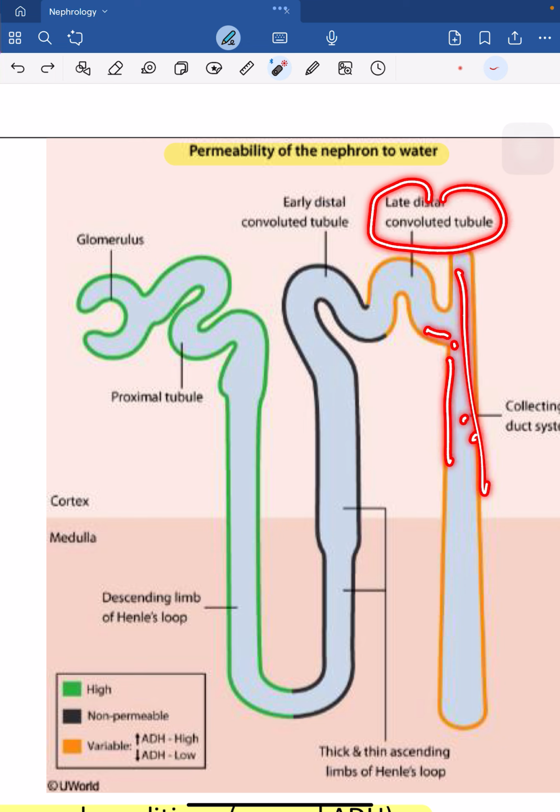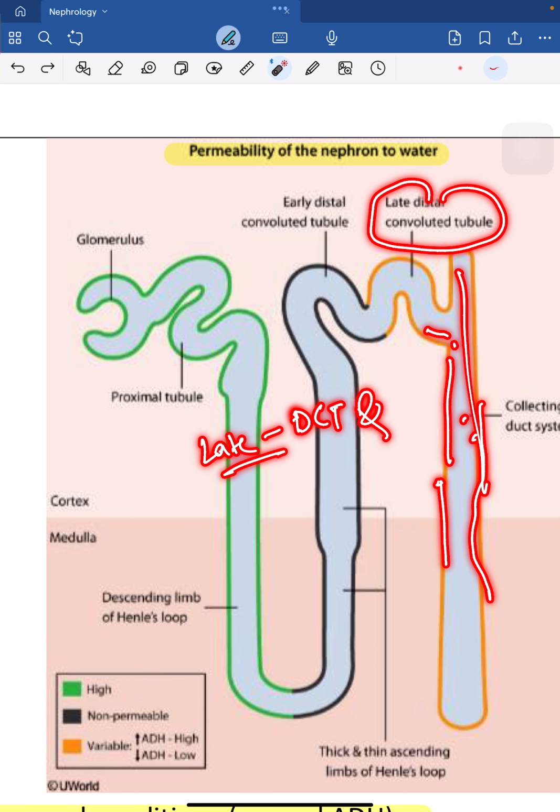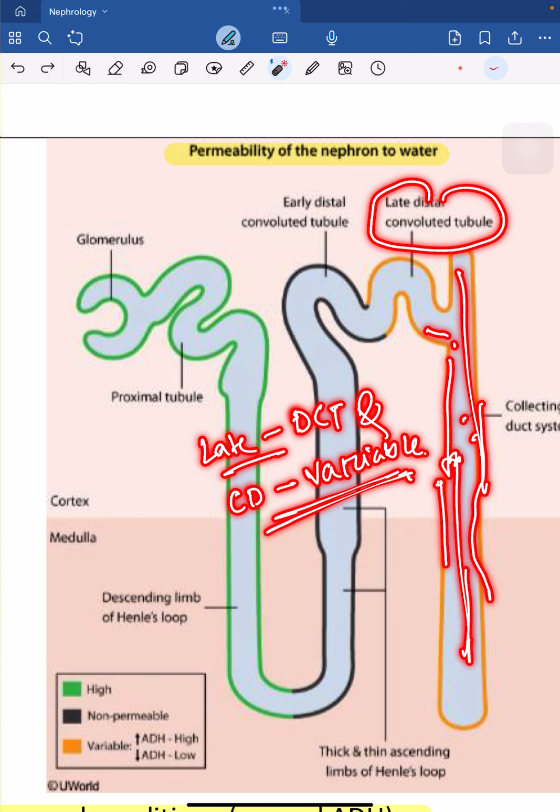The late distal convoluted tubule and collecting duct are variable, so this shows an orange or yellowish color. If ADH is present, water is absorbed, and if ADH is absent, water is not absorbed and passes through the collecting duct to make urine.